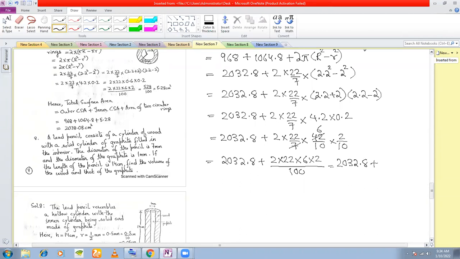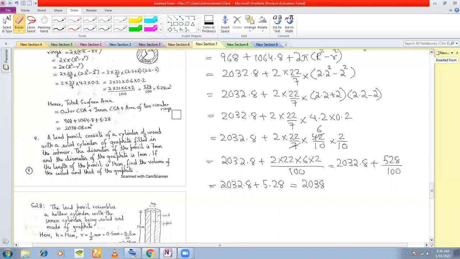Now if you multiply this, you'll get 528 divided by 100, which is 2032.8 plus 5.28, which is equal to 2038.28.